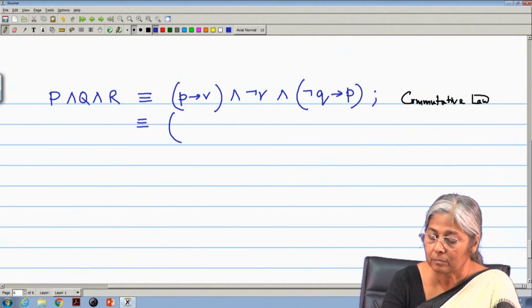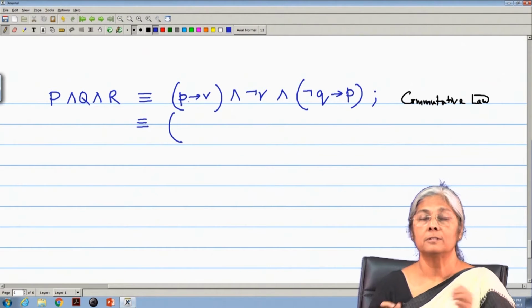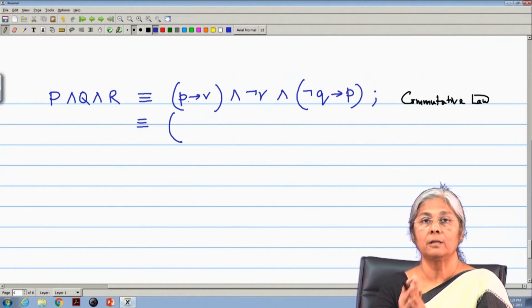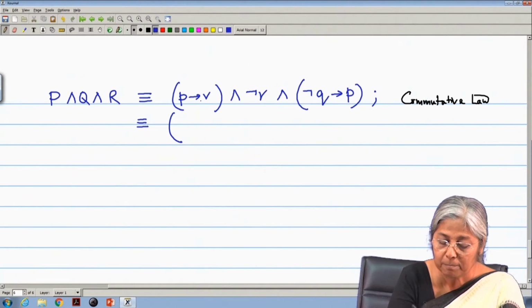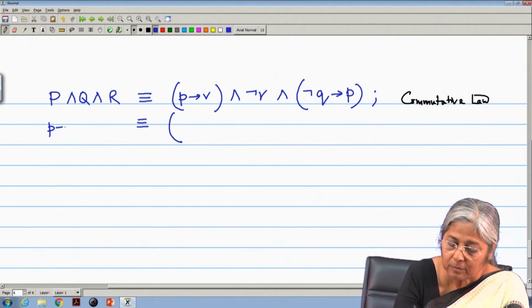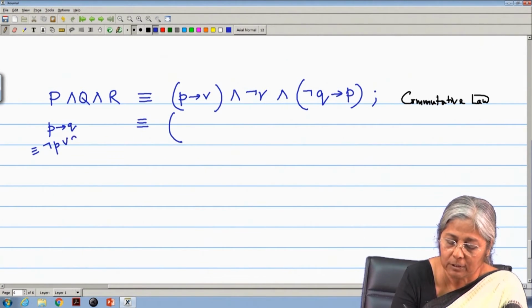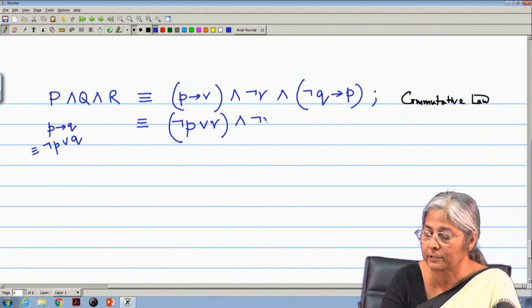Now, what is p implies r? Last day we have seen with propositional logic that p implies q is equivalent to negation p or q. So, I can replace p implies r with negation p or r, and negation r.